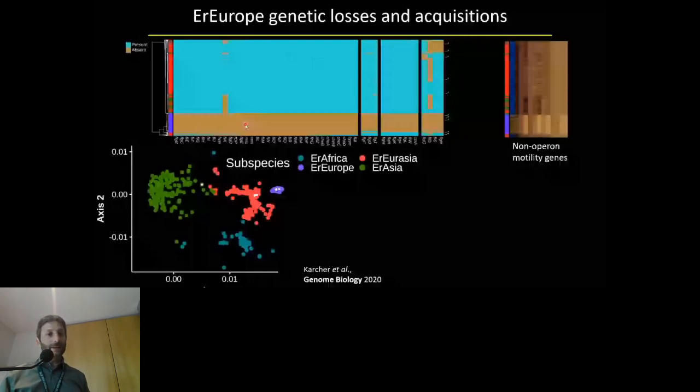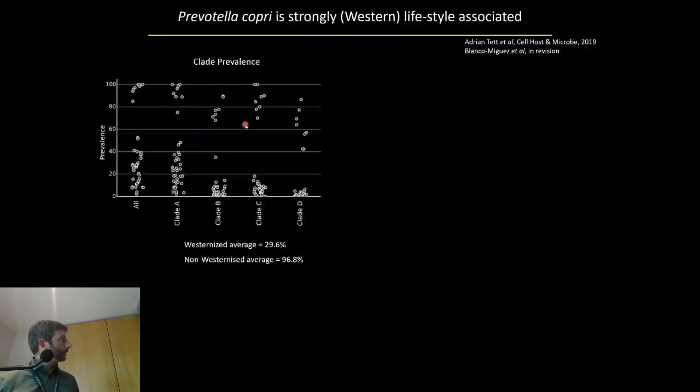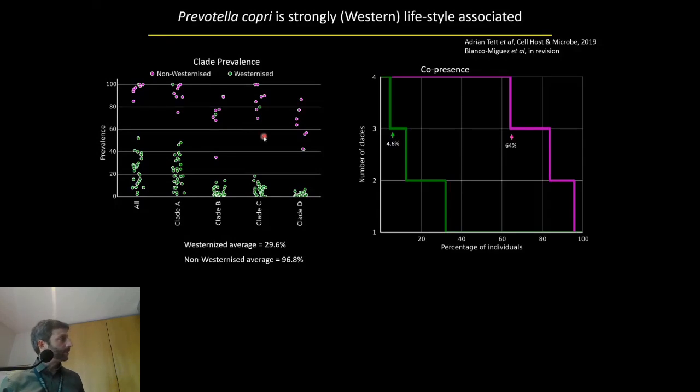Other species are similarly different. This is Prevotella copri, another bacterium for which we found that there are many different species of this bacterium. And this is one of the species that are highly prevalent in non-westernized populations and are not prevalent in our population. And it's actually important to see that in non-westernized populations, two-thirds of the individuals have all four types of Prevotella copri simultaneously present, as against 4% in our population.